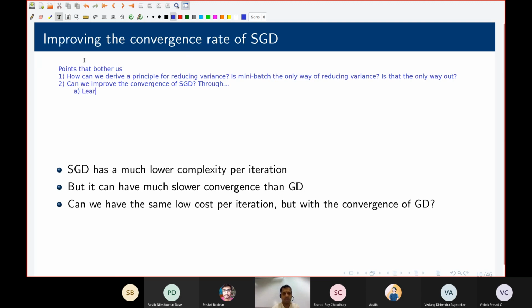Okay, learning rate schedules. What else? Acceleration. Anything else that comes to your mind? Actually, acceleration means momentum.